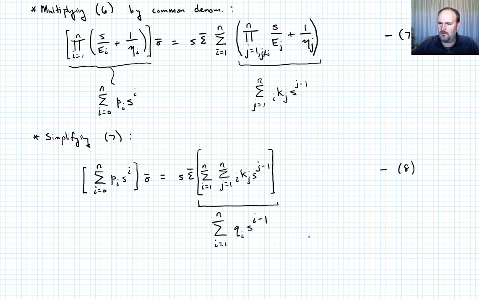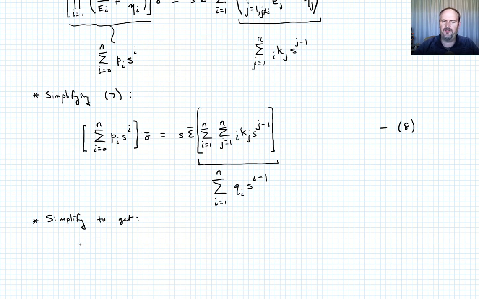And so what are we left with? So I can simplify now, and all I'm going to do is distribute this s term into this sum. If I distribute that s term, I'm left with a left-hand side that looks just the same. It's the sum from i equals 0 to n of p sub i s to the i times sigma bar, is going to be equal to this new quantity, where I take this s and multiply it inside, distributing it into the sum.